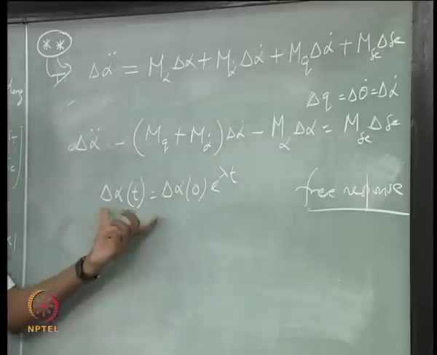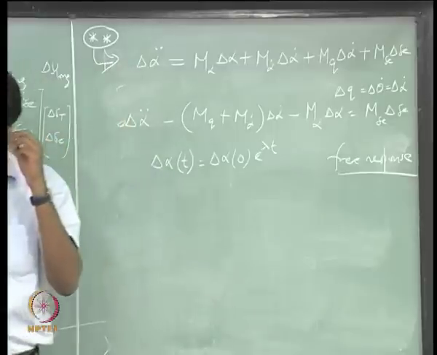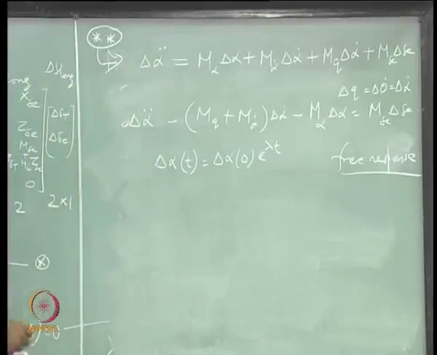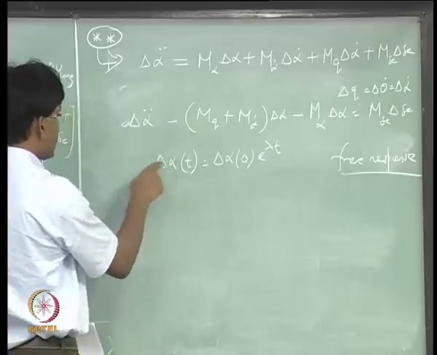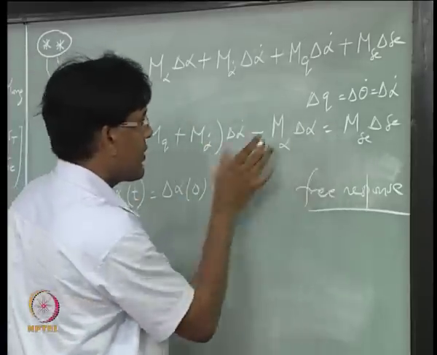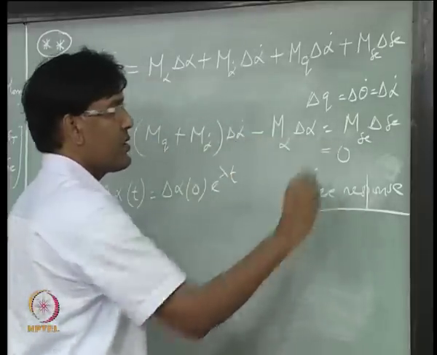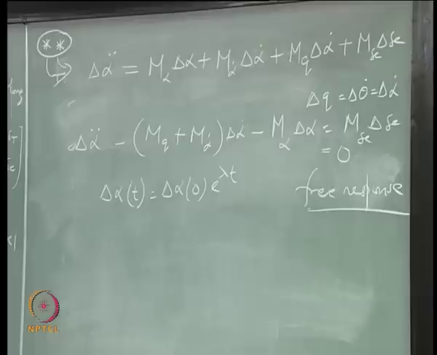There is a general form of solution for the free response. Now you substitute this in this part, equal to 0.